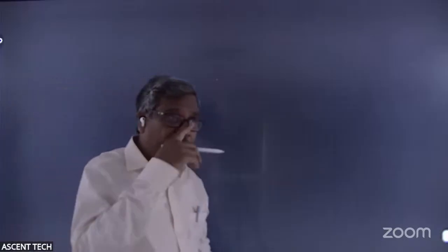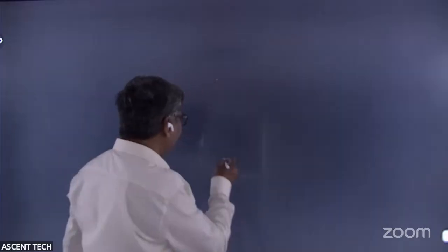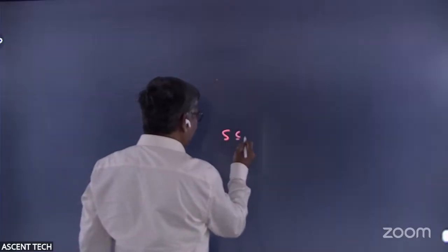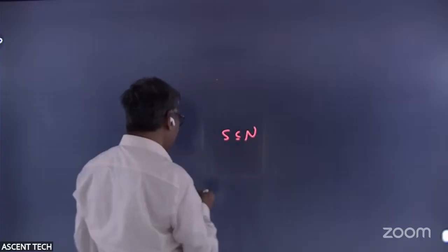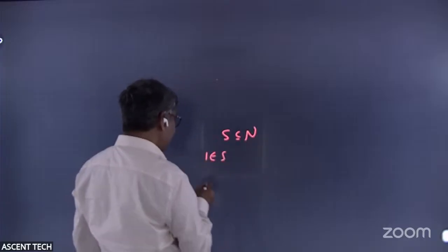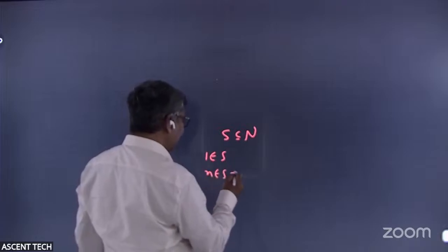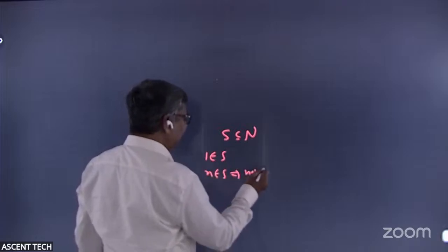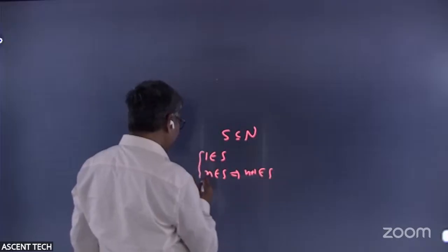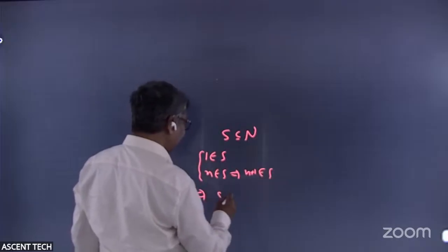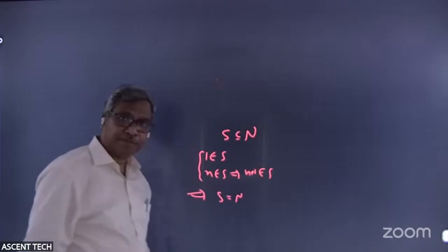I have mathematical induction. What does mathematical induction say? It's about any subset of natural numbers which has one in it, and every time n is in that, n plus 1 is also in that, then together this will imply that the subset itself is N. That is mathematical induction.